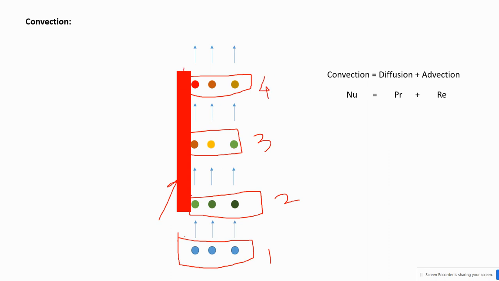If we consider the particles at point 2, this particle is getting heat from the wall via diffusion. Heat is diffusing into this particle because of the temperature difference, nothing more than that.